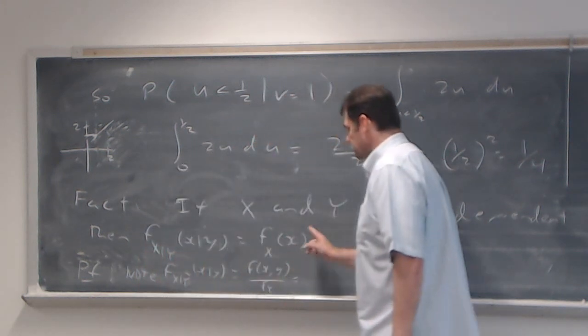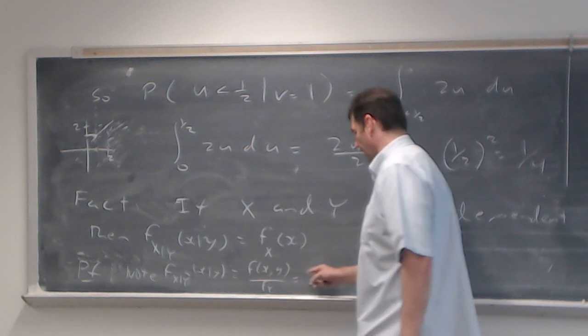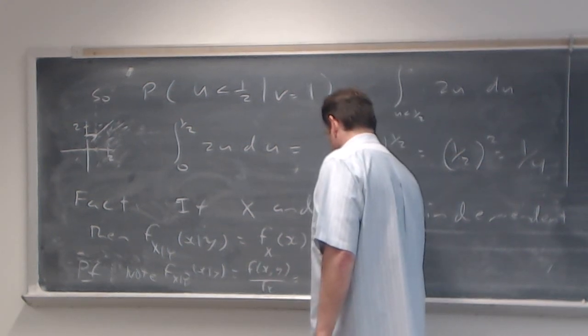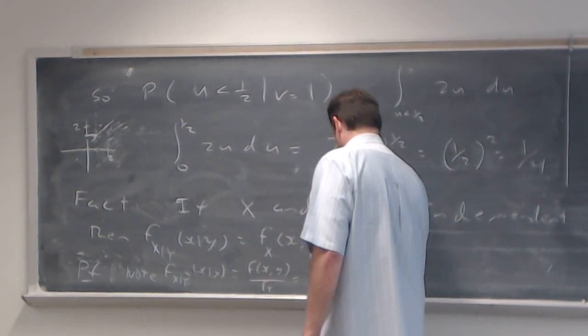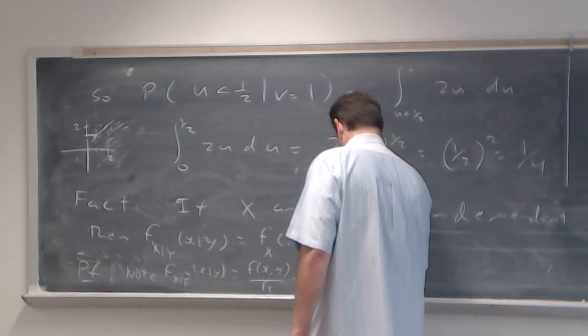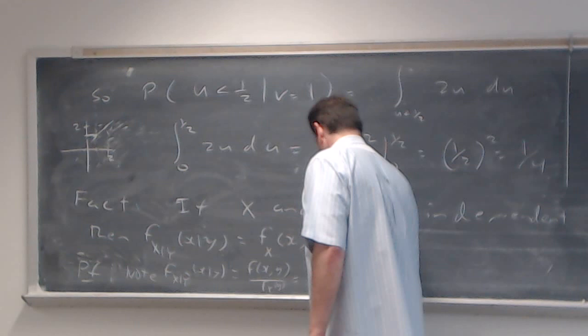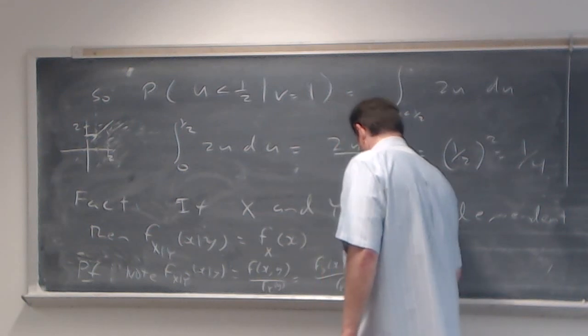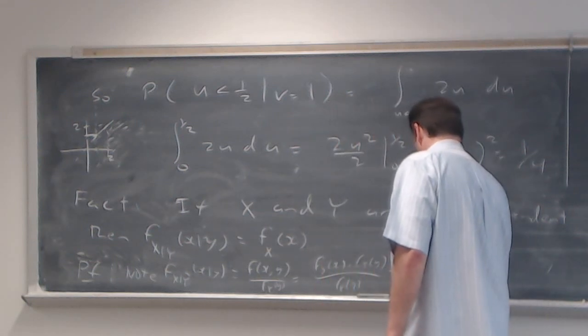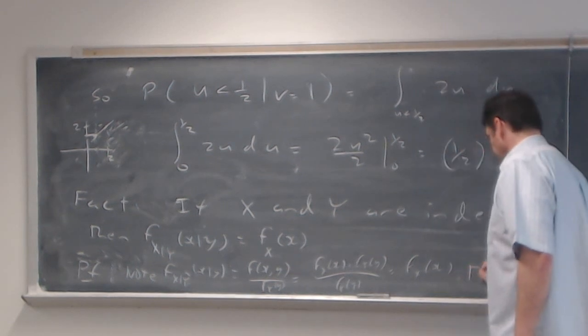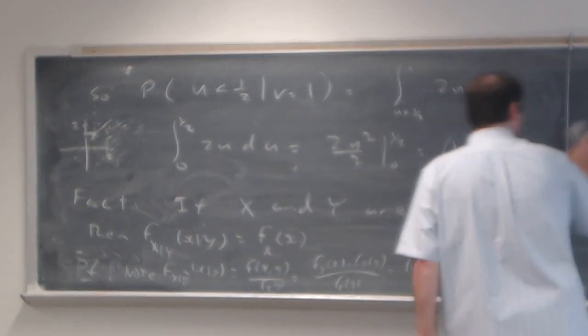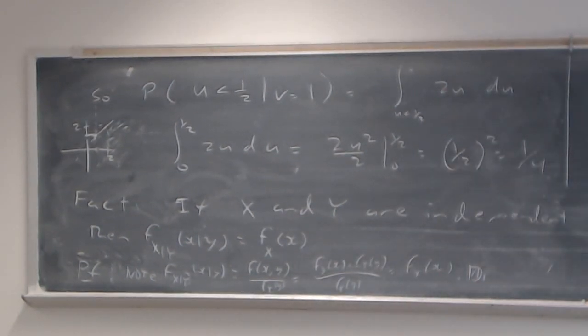But if x and y are independent, we've already shown that this f of x comma y is equal to f of x times f of y, and then that's over f of y, and that's equal to f of x. So that's the proof, real simple. Okay, there's only one more concept for this lecture, and then we're done.